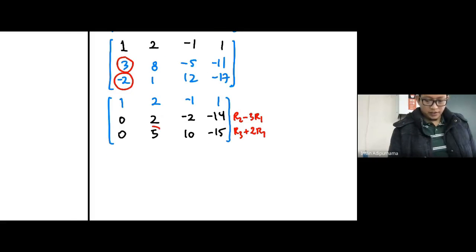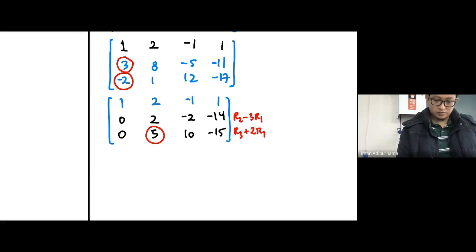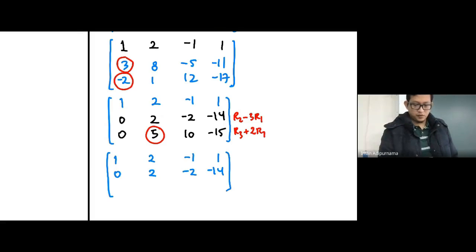Now I need the 5 to be 0. So I need to multiply by 2 and the other by 5 to get 0. So let me write. So 1, 2, negative 1, 1, 0, 2, negative 2. So this is 0.